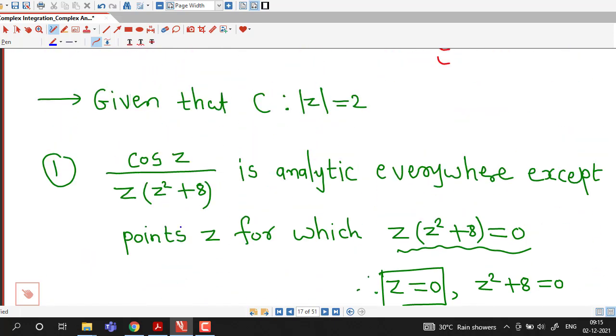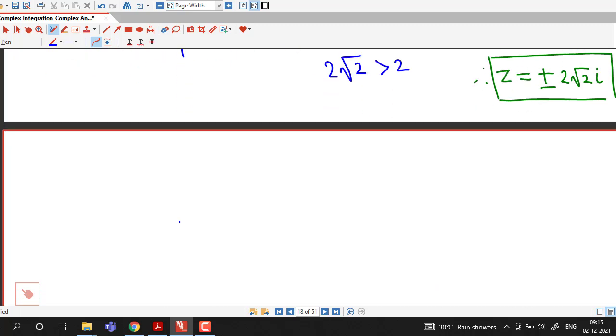If we want to use the Cauchy integral formula, let us recall what it says.